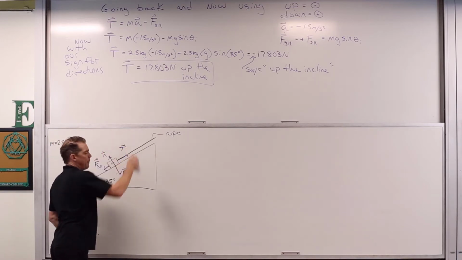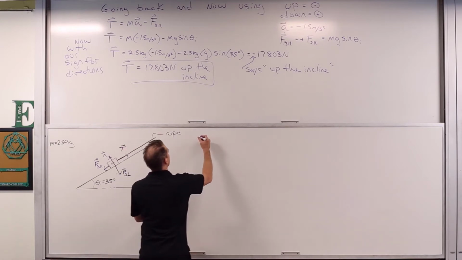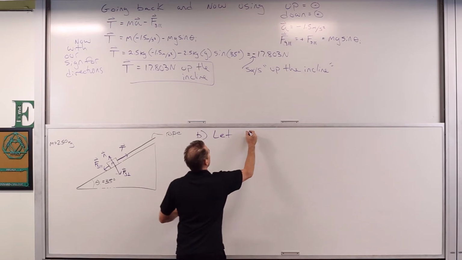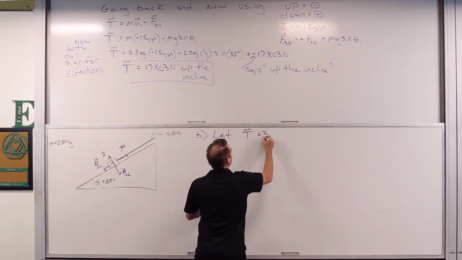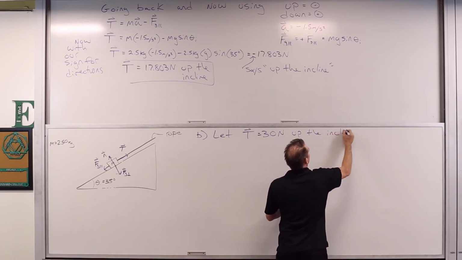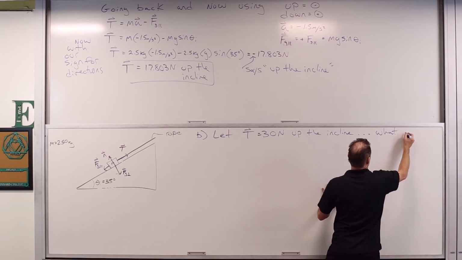Now we're going to say, well, what happens if the force of tension is actually 30 newtons up the incline? So part B, let T hat be equal to 30 newtons up the incline. What acceleration is produced?